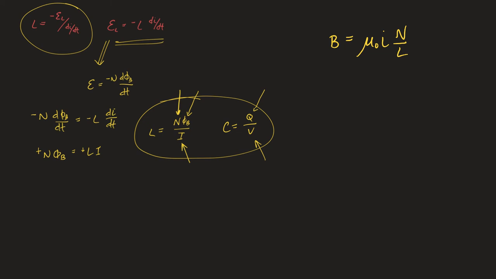Now, let's say I do create a solenoid, and I want to measure how much magnetic flux there would be in my solenoid. So I have a solenoid. I already know that the magnetic field produced by the solenoid will be this.